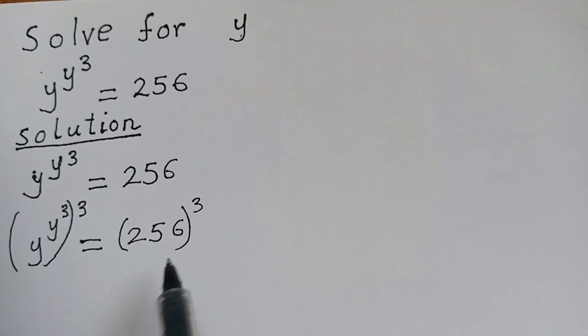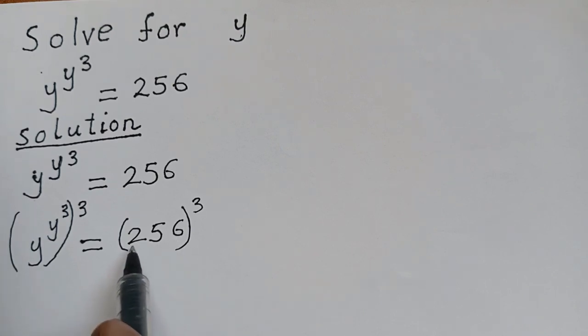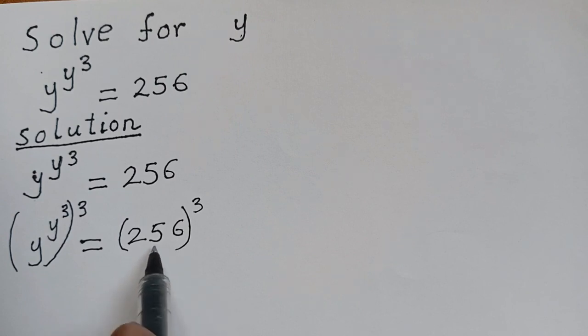So here we are going to deal with 256. We know 256 is the same as 2 to the power 8. When 2 is multiplied by itself 8 times, the answer is 256.